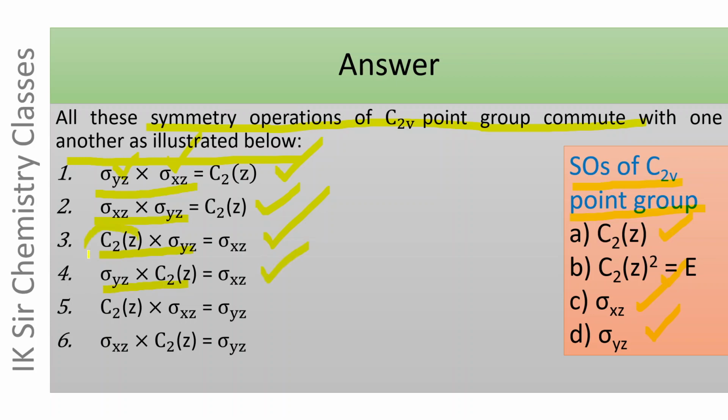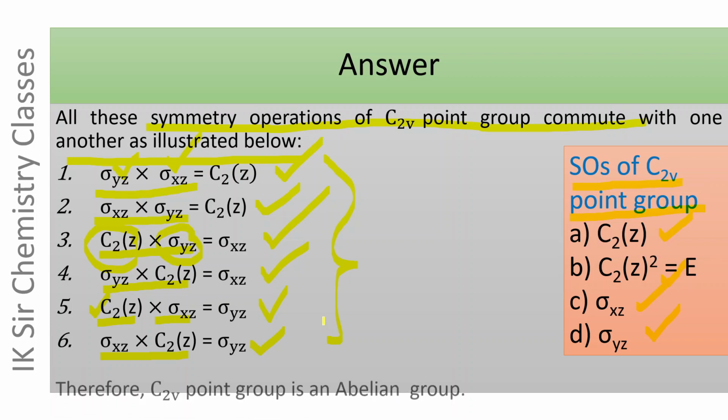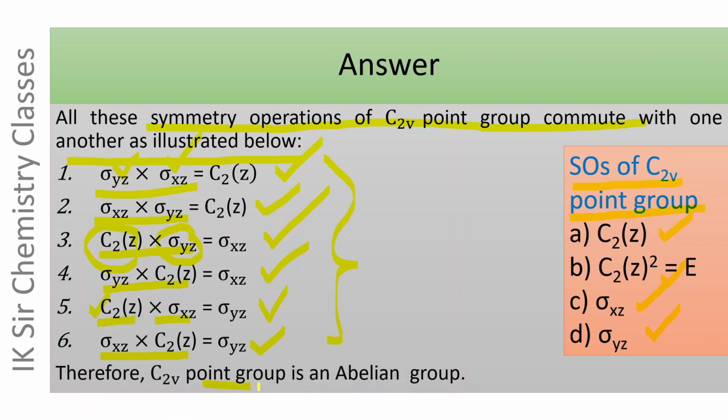It means C2z and sigma yz symmetry operations commute with each other. C2z into sigma xz is equal to sigma yz, and sigma xz into C2z is again equal to sigma yz. Thus, C2z and sigma xz symmetry operations commute with each other. These products can be obtained from the multiplication table of C2V point group, and therefore C2V point group is an abelian group because all its symmetry operations commute with one another.